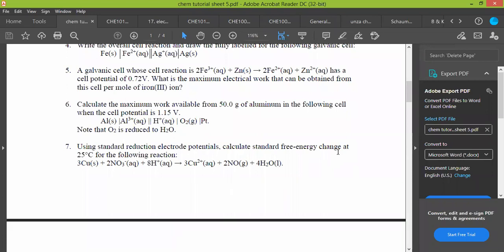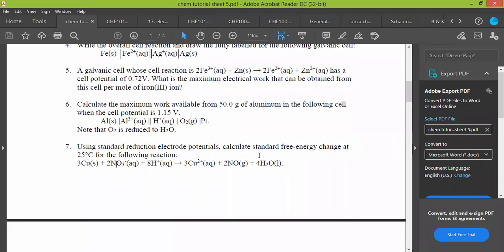You have the oxidation, which is for copper, and then you have the reduction, which is for nitrate. So our assumption is that the reduction potential is 0.84. Therefore, the cell potential is equal to the potential at the anode plus the potential at the cathode.